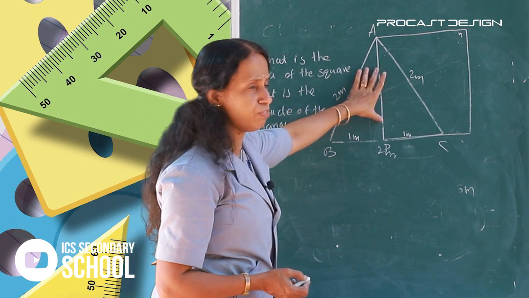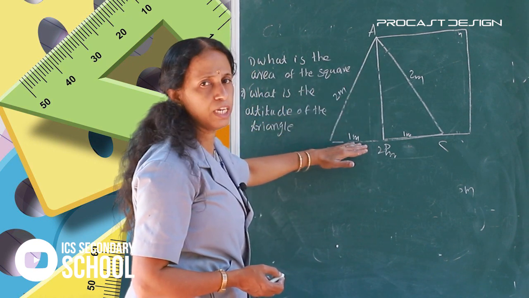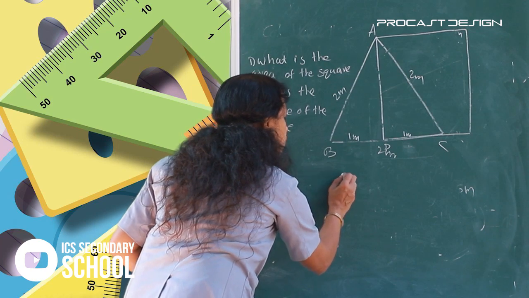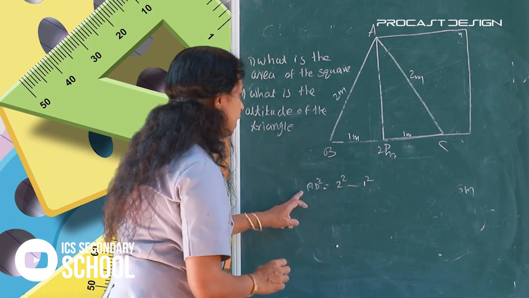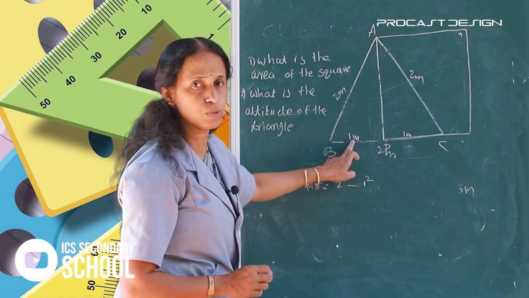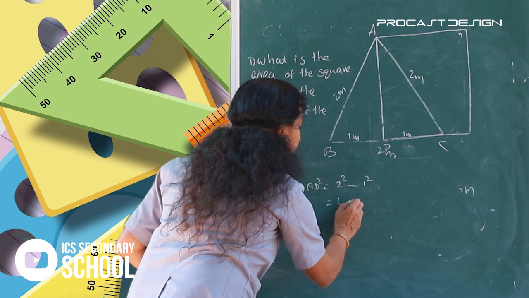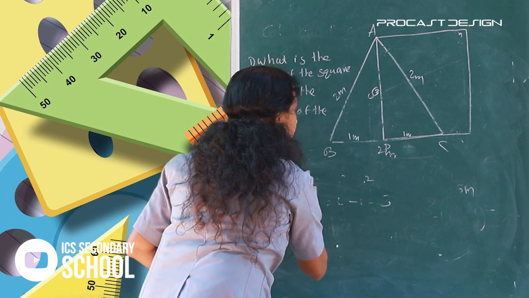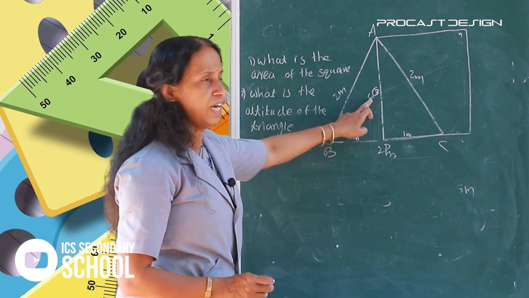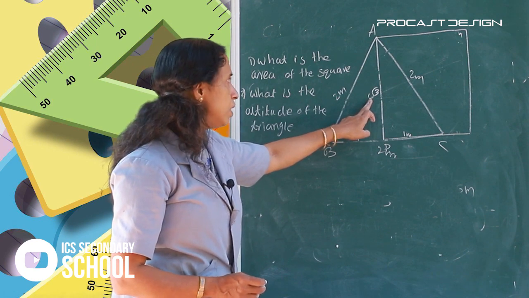Apply the Pythagoras theorem: AD squared is equal to 2 squared minus 1 squared, which is 4 minus 1, so AD is equal to root 3. The length of the altitude is root 3.